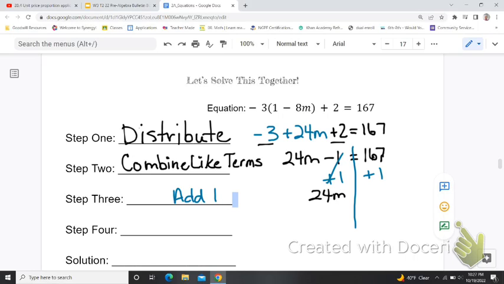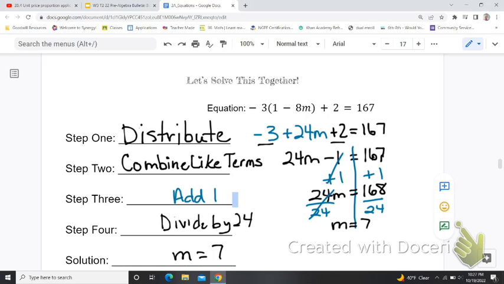Either way, after I simplify that, I have 24m is equal to 168, and then we'll divide by 24. So we're undoing the multiplication by dividing. We're using inverse operations. So then this gives me m is equal to 7. That is my solution. m is equal to 7.